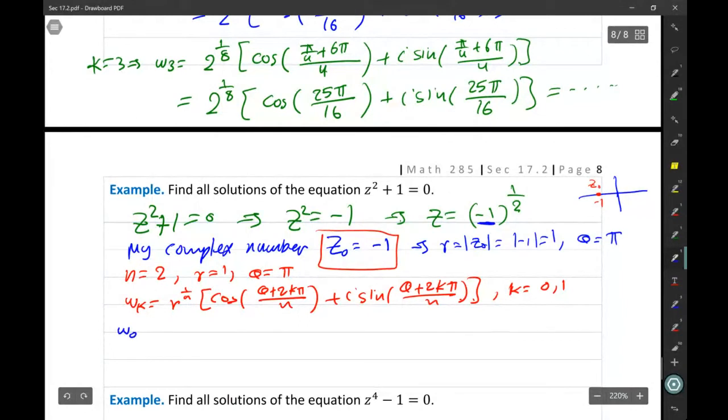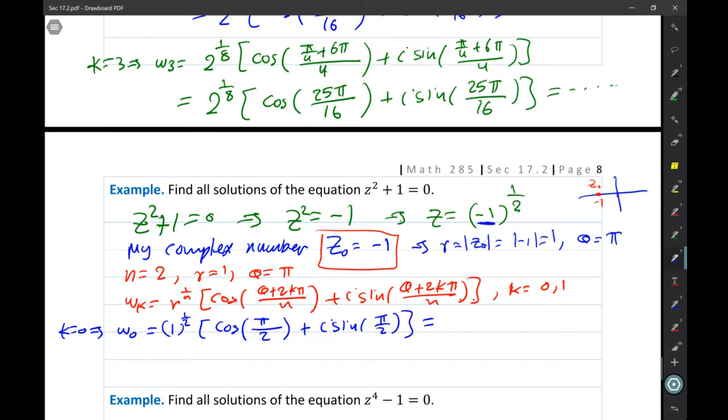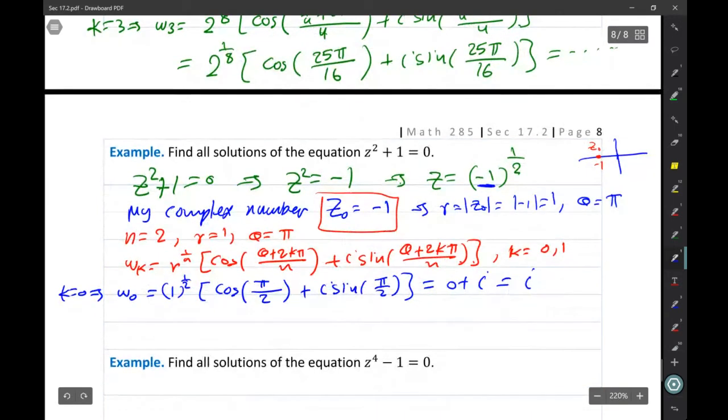Therefore, w naught you will get when k is equal to 0: 1 to the power half times cosine(pi/2) plus i sine(pi/2). Cosine(pi/2) is 0 and sine(pi/2) is 1, so times i gives i. The first root is i.